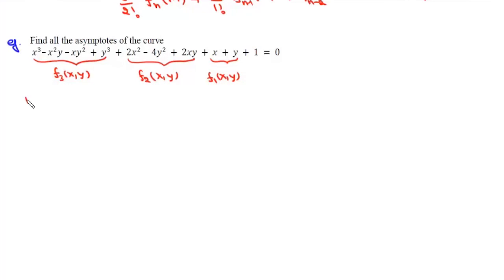Now the first step is we'll put x as 1 and y as m and we'll write f3 of m, f2 of m and f1 of m. So this f3 of m will be 1 minus m minus m square plus m cube. f2 of m will be 2 minus 4m square plus 2m.